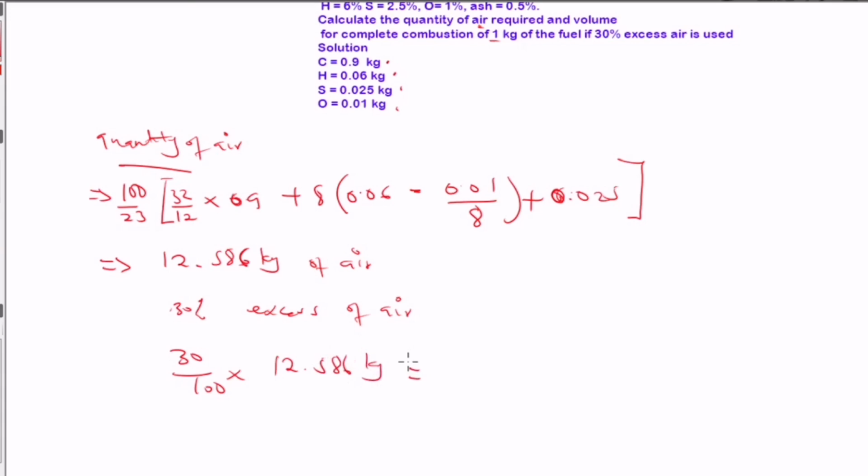30 over 100 then times 12.586. You're going to get 3.7758 kilogram. So then we are going to add this to this. Are you getting it? We are going to add the answer we had to it.